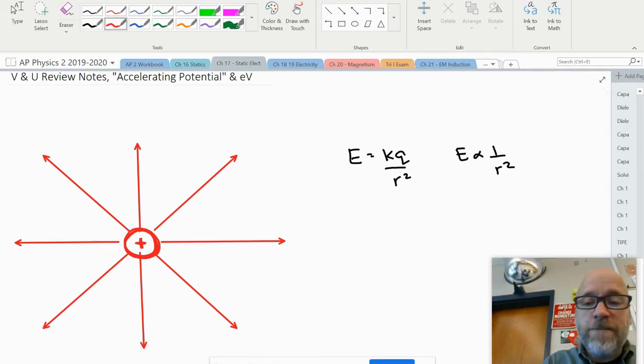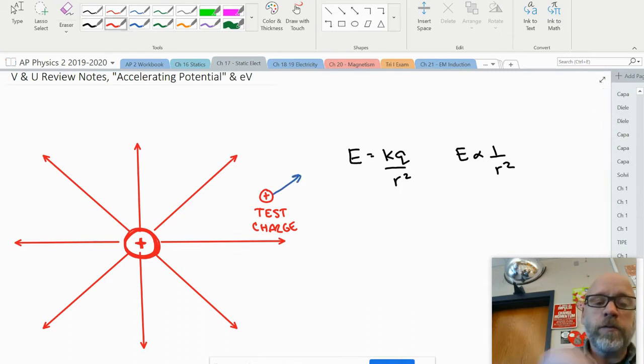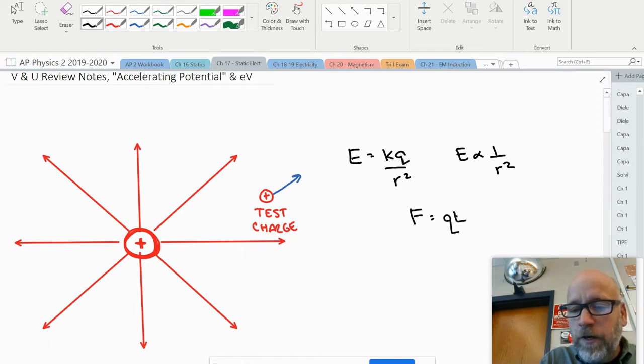Now, if I place a positive test charge, we always say it that way, it's basically because we are ignoring the effect that it has on the field at that point. So the question is, which way would it experience a force? Of course. That rhymes.